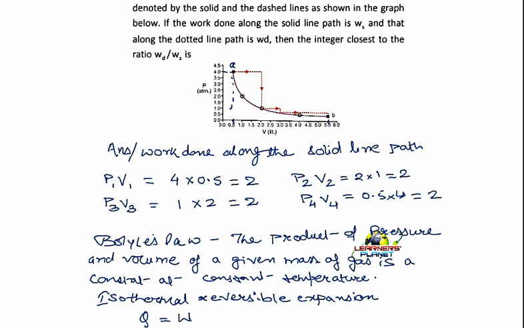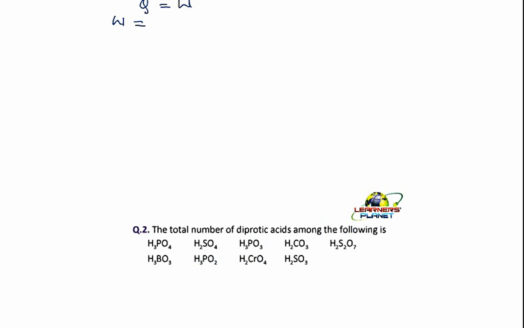Now your W is equal to what? For an isothermal reversible expansion, it is 2.303 nRT log of V2 by V1, right? Now it is expansion, so the sign of the work will be minus, because the work is done by the system, and in chemistry we take that the internal energy is dissipated.